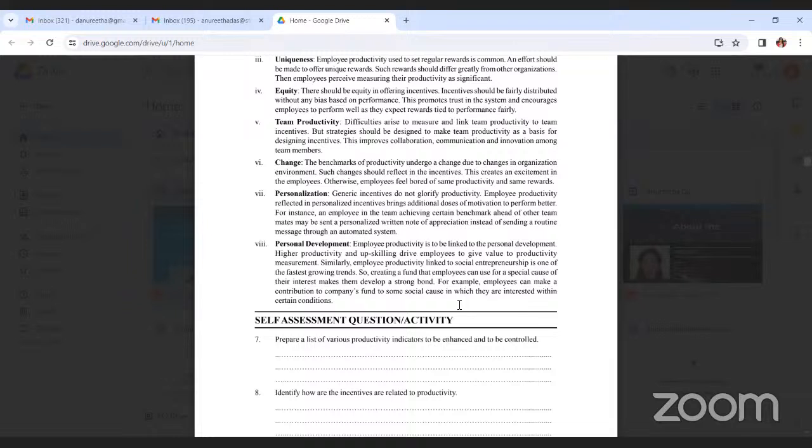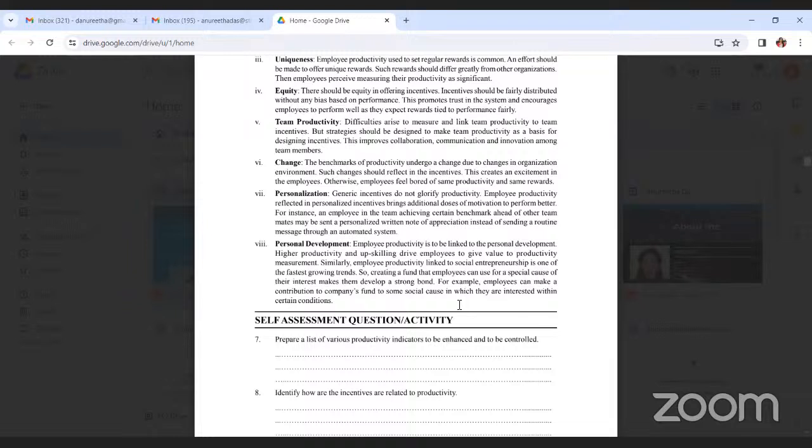Personal development is upskilling to drive employees to give value of productivity. Similarly, employee productivity linked to social entrepreneurship is a fast growing trend. You need to create a fund that employees can use for a special cause of their interest, making them develop a strong bond.